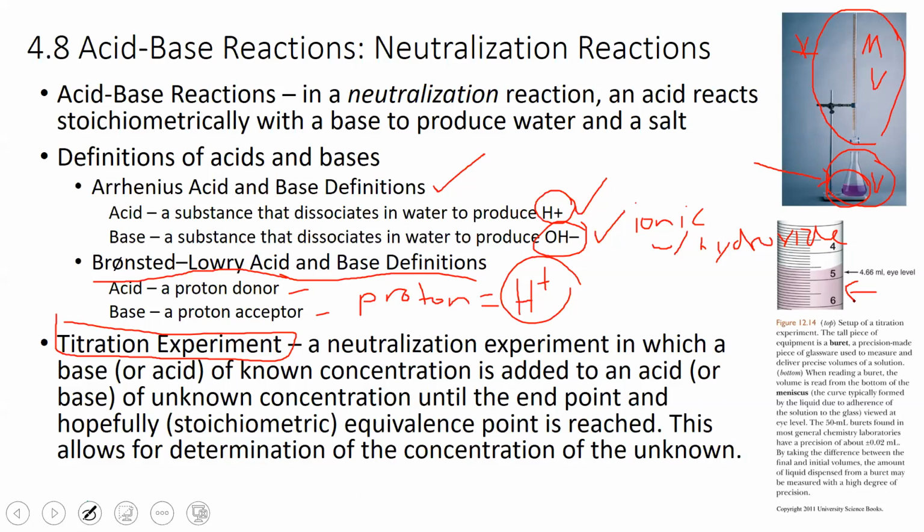So for example, hydrochloric acid and sulfuric acid in water are both considered strong acids. Okay, both of those substances, and we're only going to mostly deal with strong acids in here. Both of those substances, when you put them in water, we consider them to dissociate completely, okay? Because they ionize completely. That's strong acids or strong electrolytes, right? And so when they both dissociate, they give off a proton.